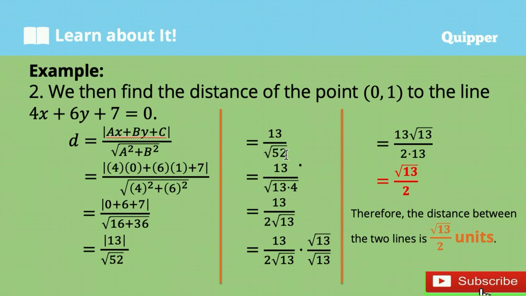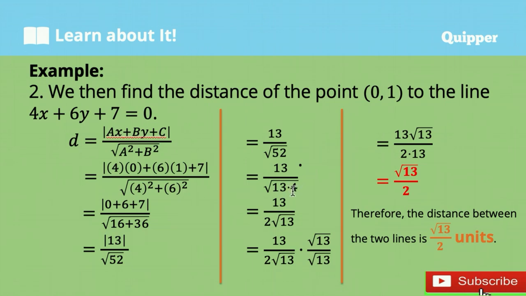And take note, to choose the factors, we must choose factors that include a perfect square. The factors of 52 are 13 and 4. 13 times 4 is 52. We choose these factors because one of them is a perfect square, which is 4.